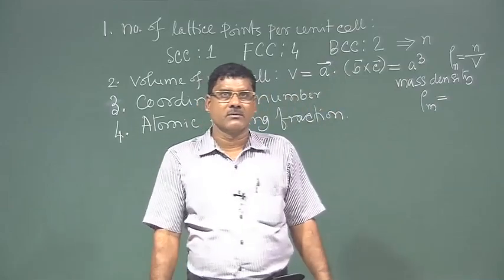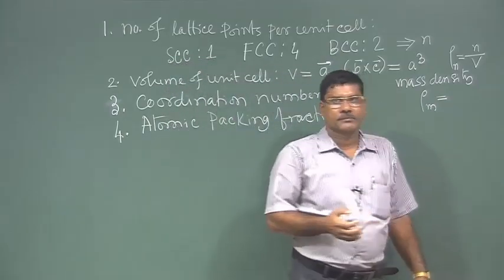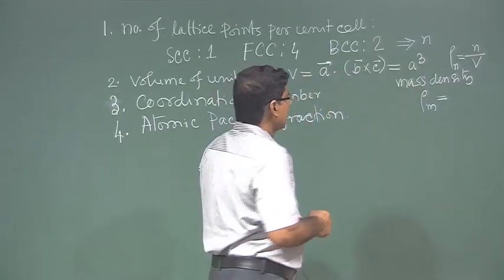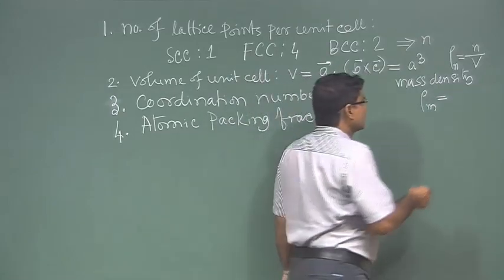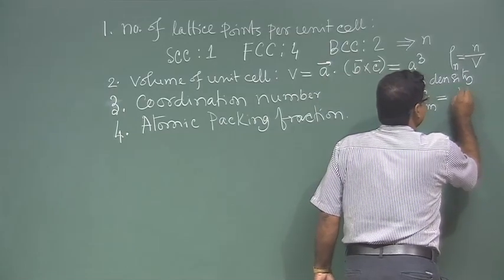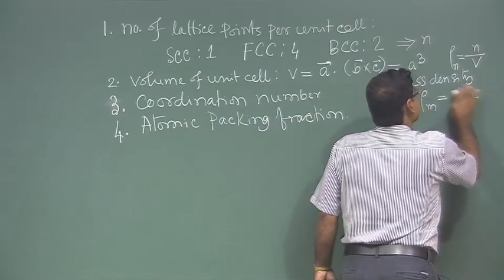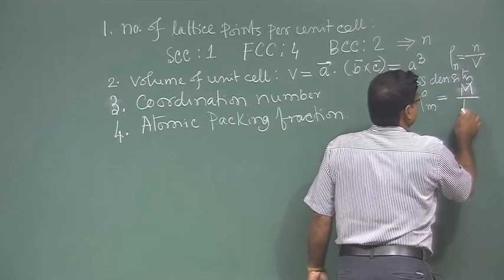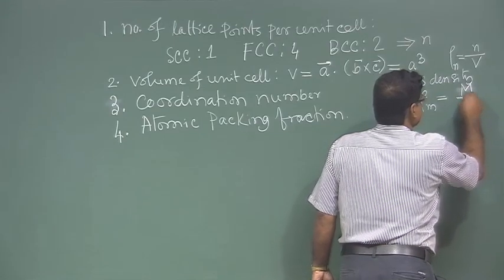So, for that you know this 1 gram mole contains Avogadro number of atoms or molecules. So, mass of 1 atom is this atomic mass, this capital M divided by Avogadro number.